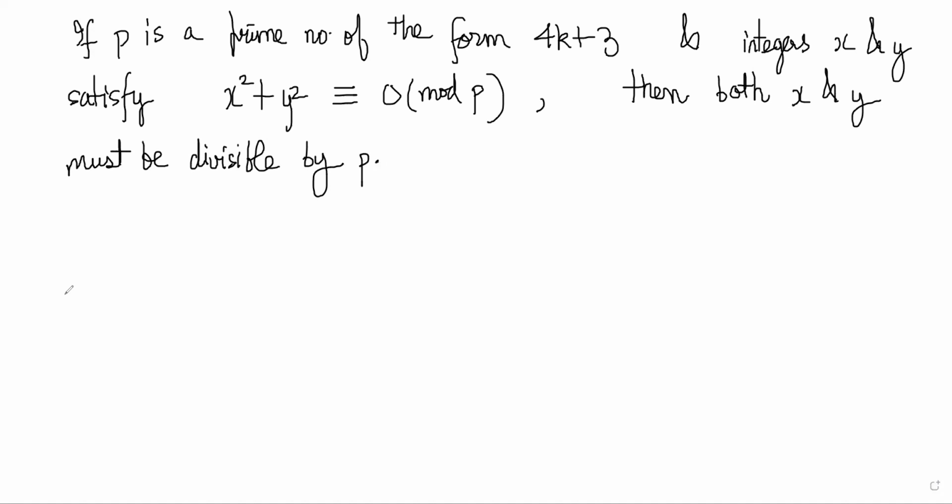Earlier we said that if p does not divide x, then x square plus 1 congruent to 0 mod p has no solutions, right? Now we are saying if x square plus y square is 0 mod p and p is a prime of the form 4k plus 3, then both x and y must be divisible by p. That is just stating the theorem in a different way.